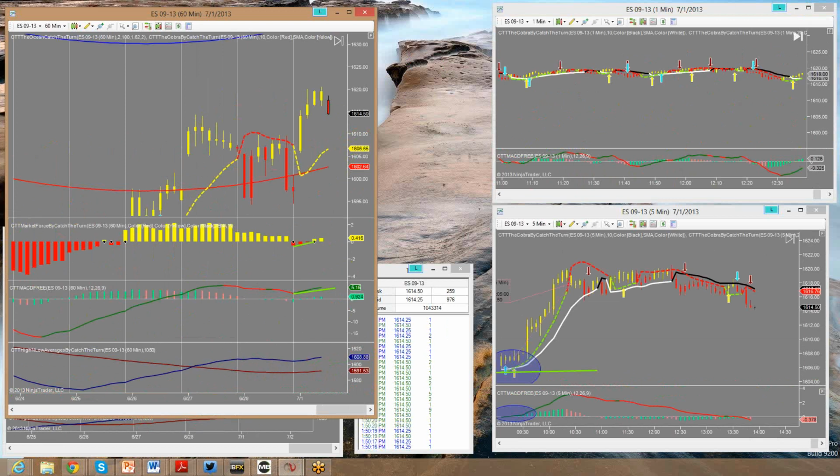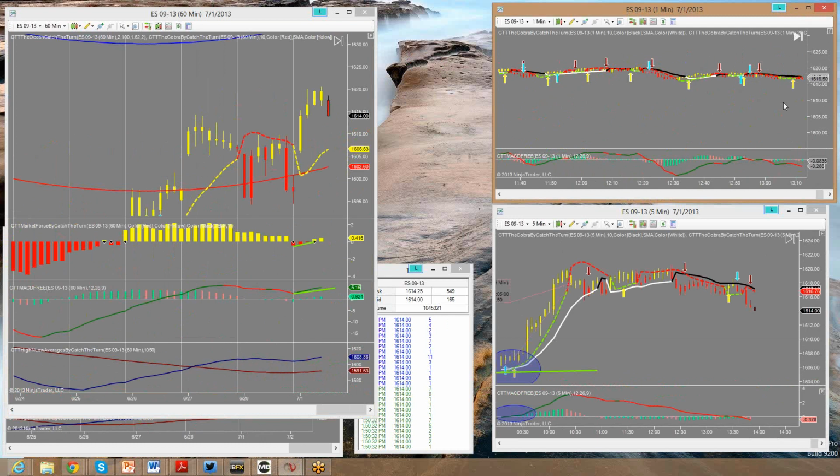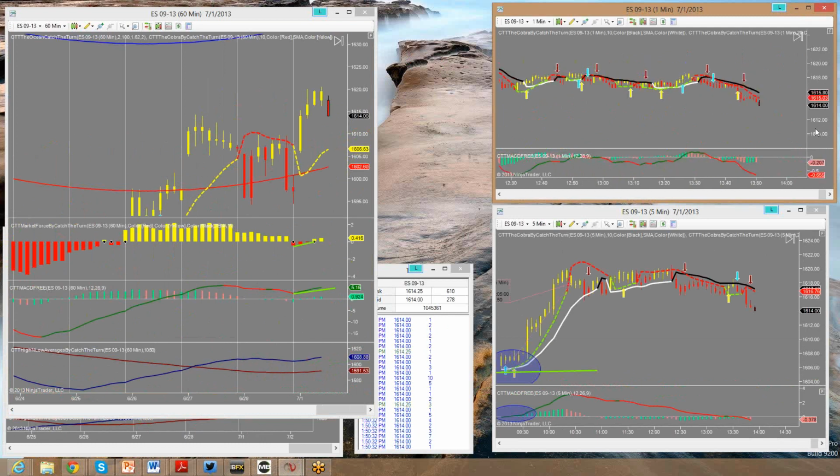The human brain just cannot multitask that well, unfortunately. It's a rare exception for people that can look at 10 different instruments at once. But the nice thing is the auto trader will do that for you. It will analyze those, and when the signals confirm and go short, the auto trader will take that short for you, put the entry in. So all you really have to do is manage the trade after that. And managing the trade is the easy part.